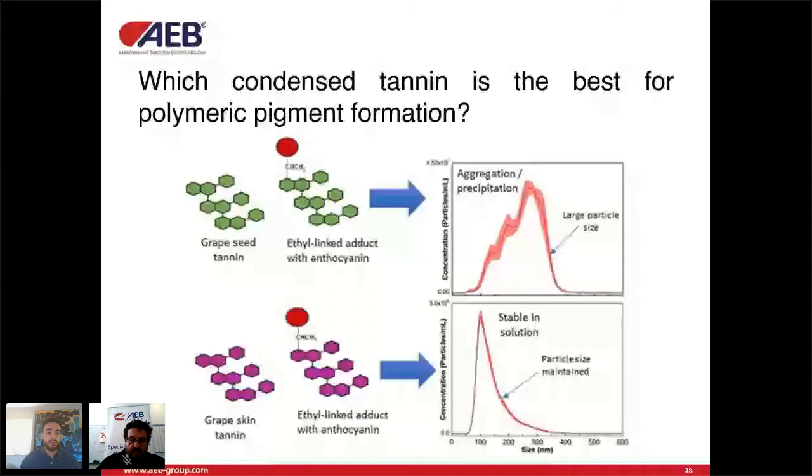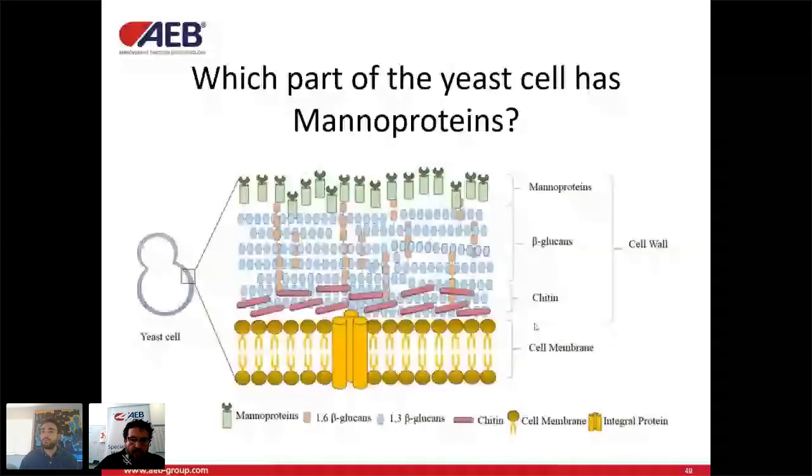It's none of the above, because the mannoproteins are not in the cell membrane, but they are in the cell wall. In fact, if you see, the mannoproteins can be attached directly to the beta glucan, or they can be attached by other proteins, but they are not attached to the cell membrane.